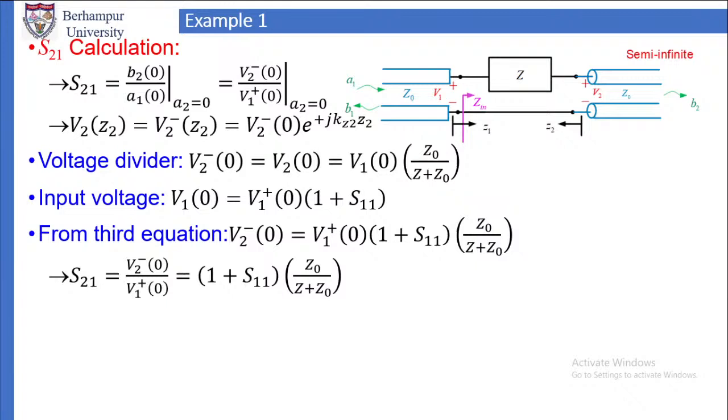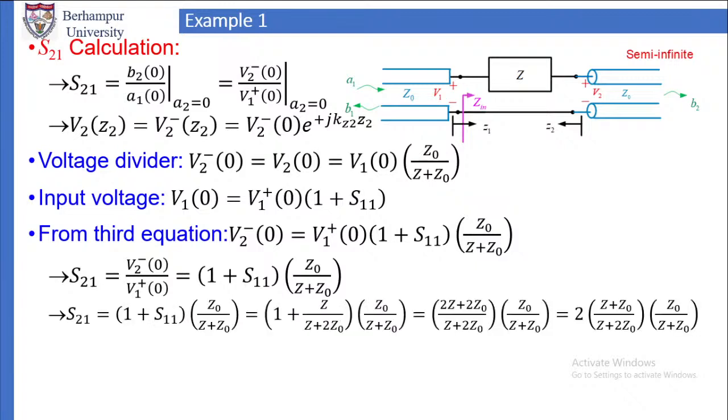S11 we know. So if you put those values for S11, we will get what is S21. So S21 is equal to 1 plus S11 into Z0 by Z plus Z0, that is equal to 1 plus S11, which is Z by Z plus 2Z0, that into Z0 by Z plus Z0.